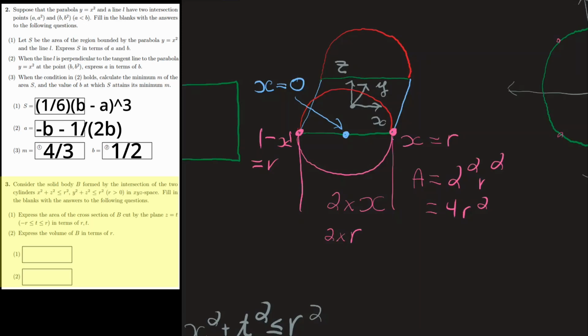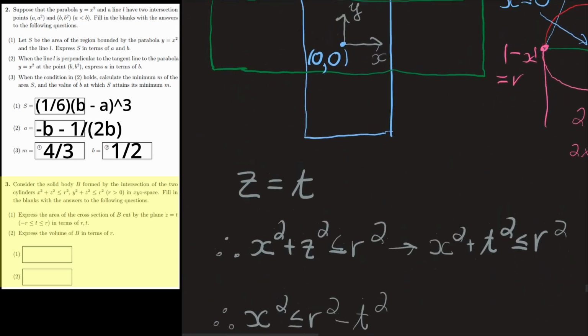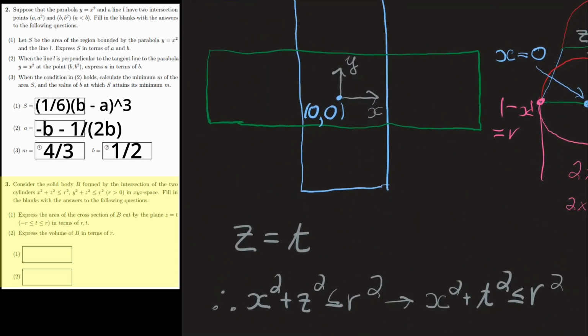So the next step is to be able to write our side lengths in terms of r and t instead of just in terms of r like we did here. So to do that, we can use the equations provided. So in the question, it says that x squared plus z squared is less than or equal to r squared, as given in the question, and z is equal to t, also given.